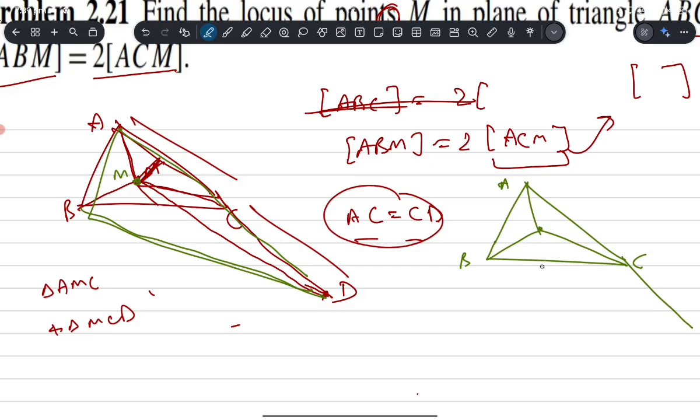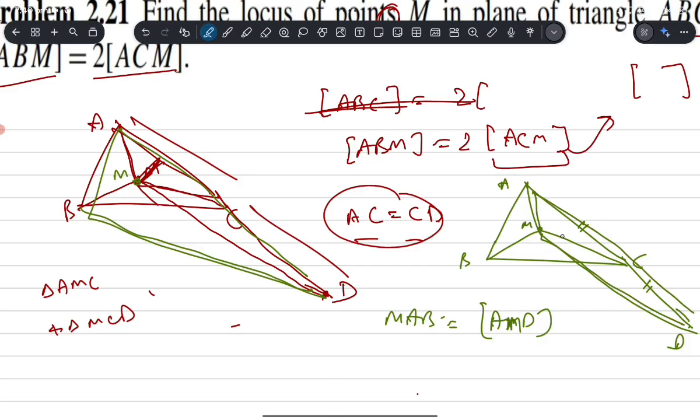We extended this, we joined this, we extended this such that this was equal to this. And now, this is what we want: MAB to be equal to AMD. What is AMD? AMD is basically this whole area, and this whole area is basically twice of AMC. This is what we had to prove.